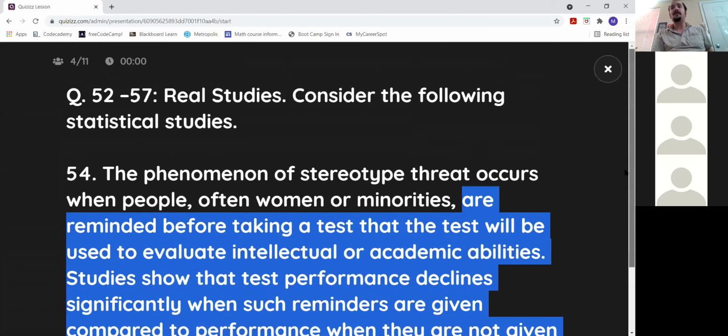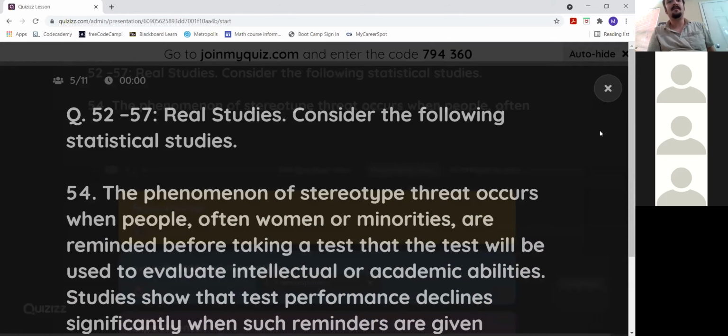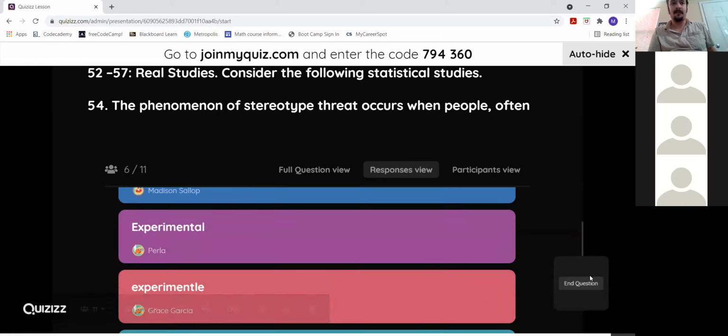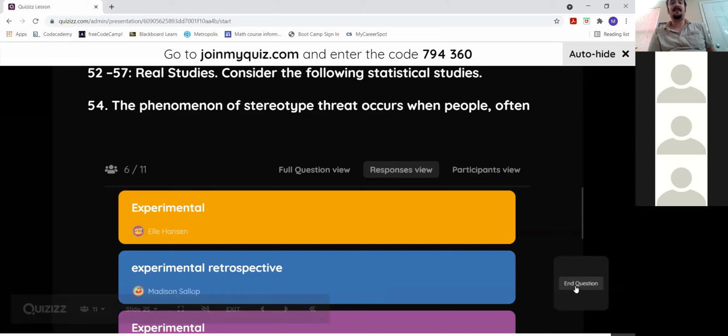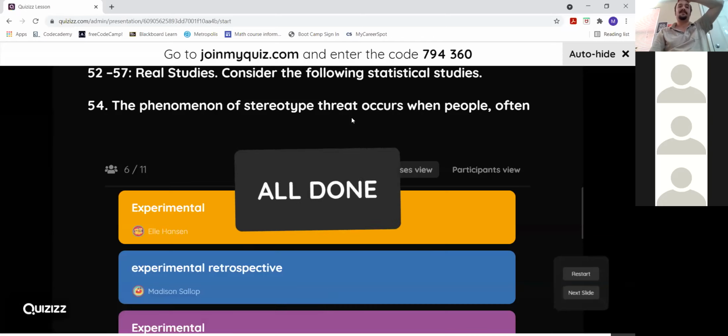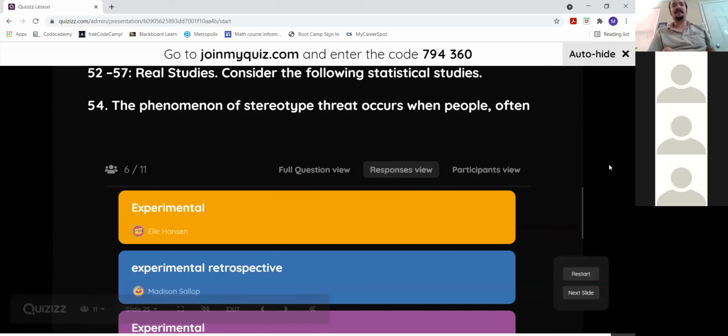And if they are proactively either telling or not telling the person, it should definitely be experimental. So before they take the test, I'm either going to tell them these words or I'm not going to tell them these words. If I do tell them the words, does it change differently from if I don't tell them the words? That would be an experiment.